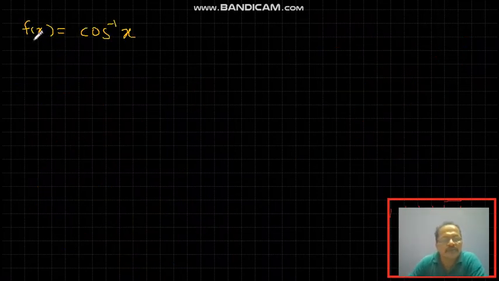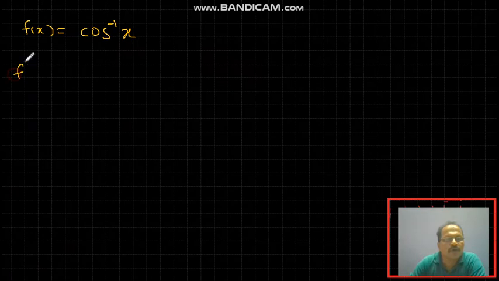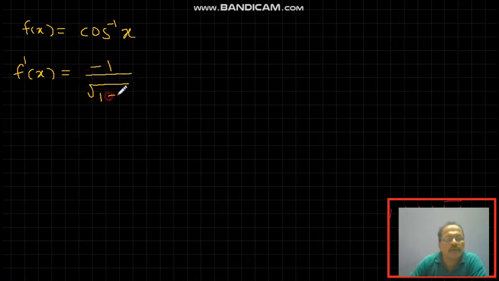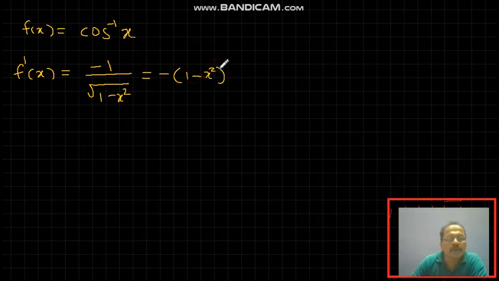Suppose f(x) is equal to cos inverse x, then the first derivative on differentiation we get f dash x is equal to minus 1 upon under root 1 minus x square. Since I want the next derivative, I am going to rewrite this as minus bracket 1 minus x square raised to minus half.